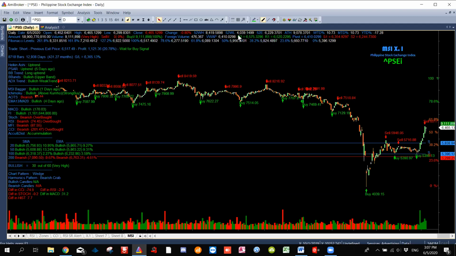Bakit importante itong tatlong to? Kasi if the stock is trading above 52 weeks high, then ibig sabihin nun, masyadong malakas or bullish na bullish yung stock kasi it's trading above its 52 weeks high. Pag nasa 52 weeks low naman siya, ibig sabihin, the stock is bearish kasi sobrang baba na ng price niya na na-hit niya yung lowest price na na-attain niya within the span of 52 weeks or yung 1 year span.